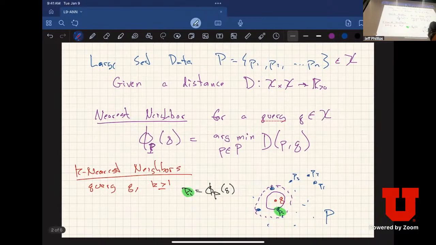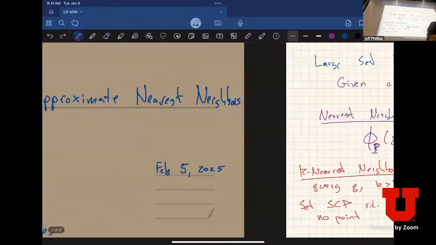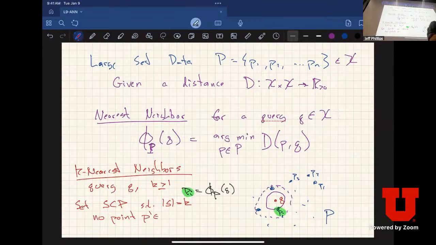So this would be the set S, a subset of P, such that the size of S is equal to K, and no point P prime in P minus S has the distance from the query to P prime less than the distance from the query to some s, where this little s is in the set large S, right?